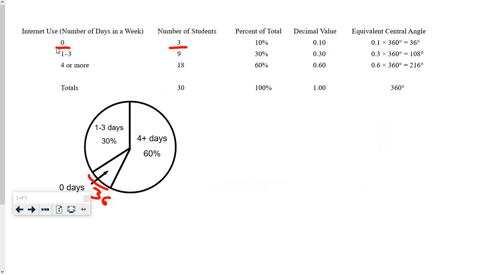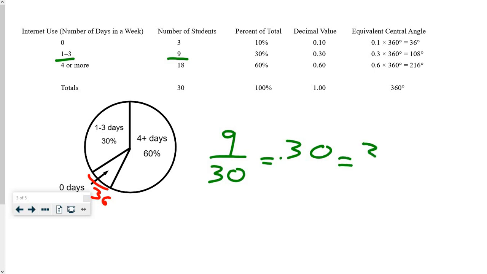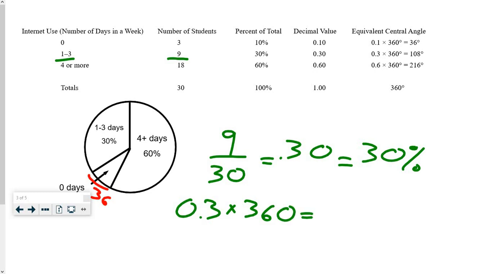If we take the next one, 1 to 3 days, there are 9 students that use that. So 9 divided by 30 equals 30%, or 0.3. To take this, we go 0.3 times 360 equals 108 degrees.